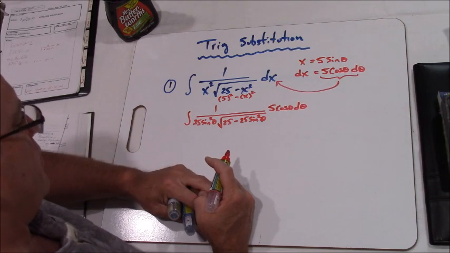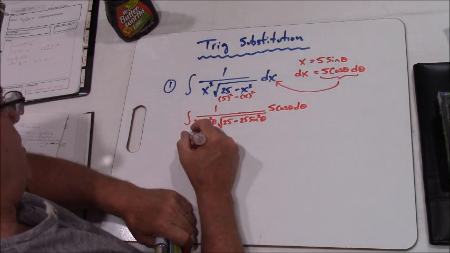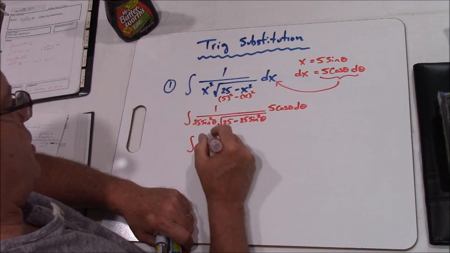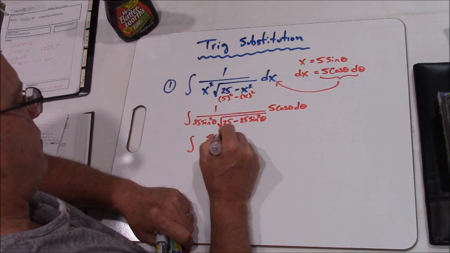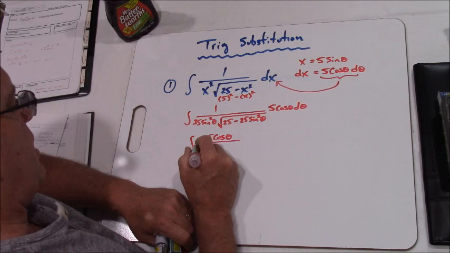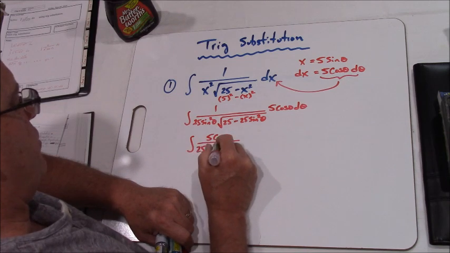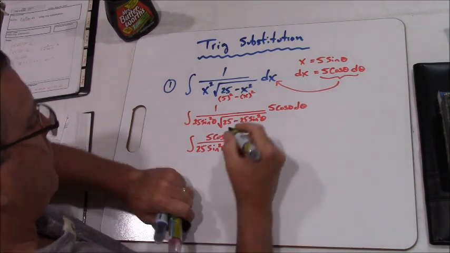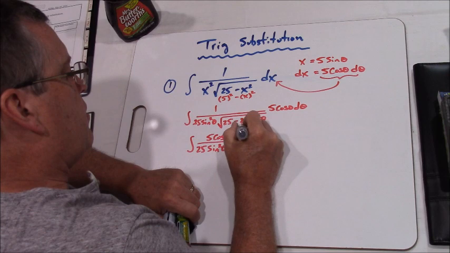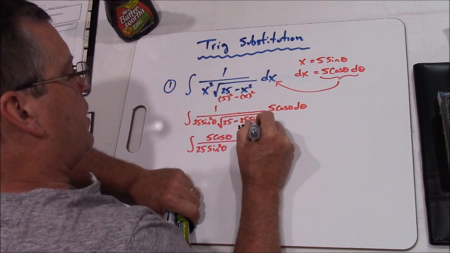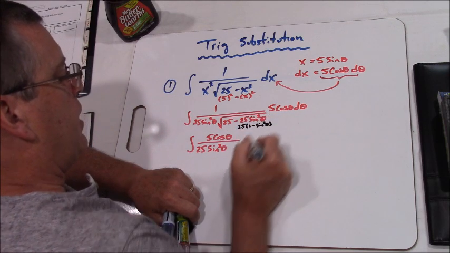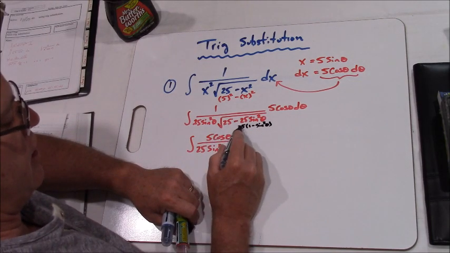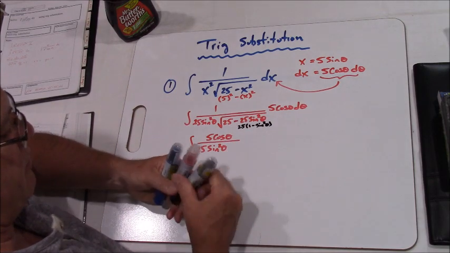It's not quite looking like it yet, but let's go a step farther. So I've got the integral. I'm just going to go ahead and put this 5 cosine theta in the numerator, divided by 25 sine squared theta. Remember, this right here was going to become 25 times 1 minus sine squared theta. That'll become a cosine squared, and so when I take the square root of that, I get 5 cosine theta.